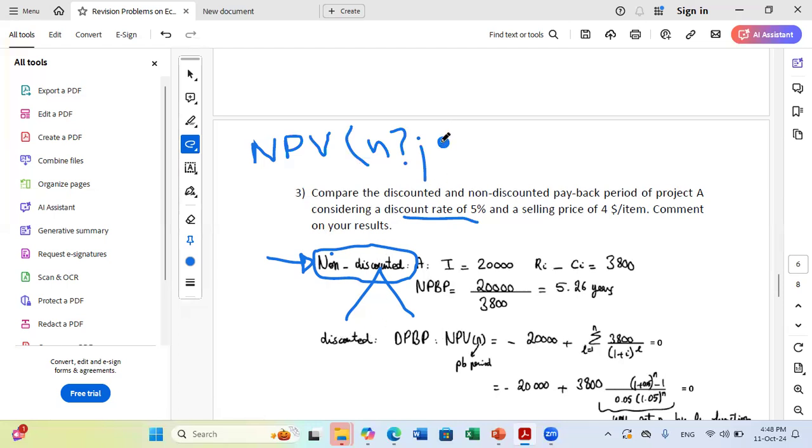So here your only parameter is n, and you say that of course I have first minus I. But here, since I don't have to take the discounted value of money with time, I just add the summation from year 1 to n, because I want to search for n, okay? So from year 1 to n of Ri minus Ci.